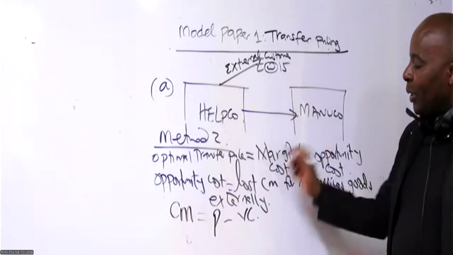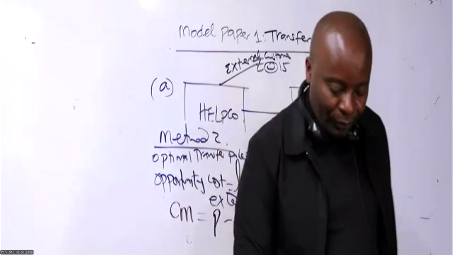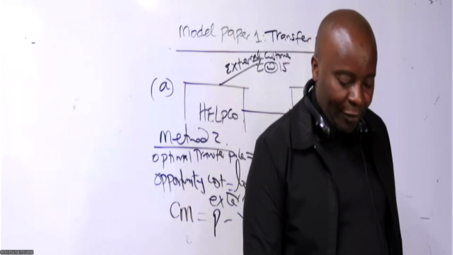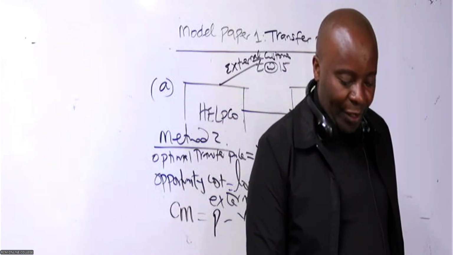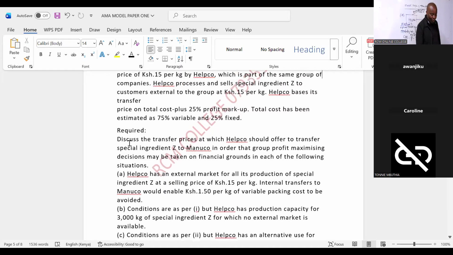Now, ladies and gentlemen, we know the price that HelpCo is selling these goods at outside there is 15, but we don't know the variable cost. And many students would not have gotten this variable cost, and yet it is given here very clearly. We are told that HelpCo bases its transfer price on total cost plus 25% profit markup.